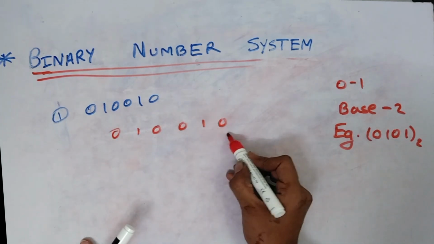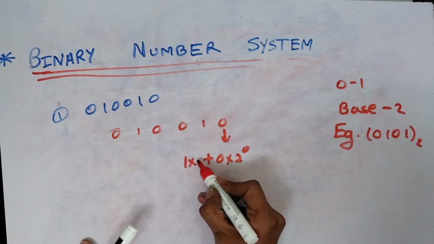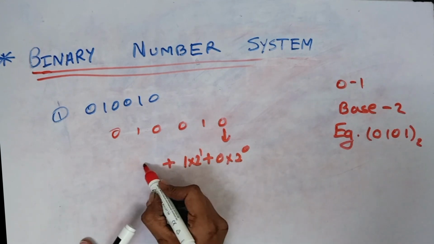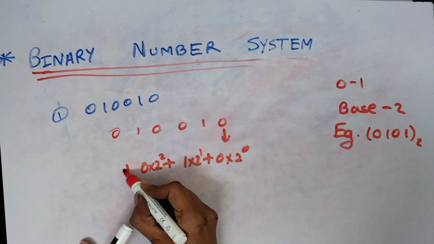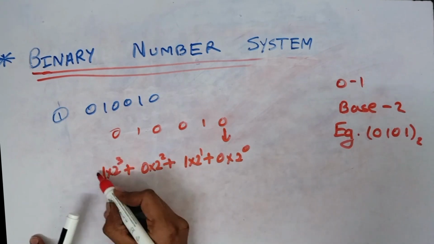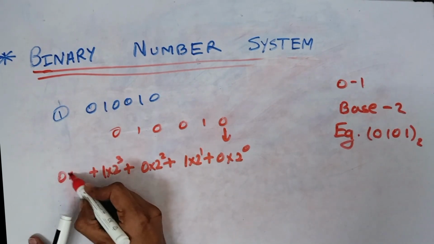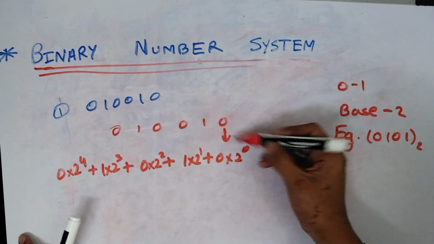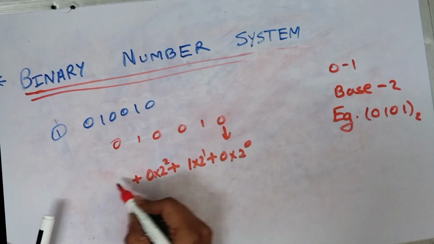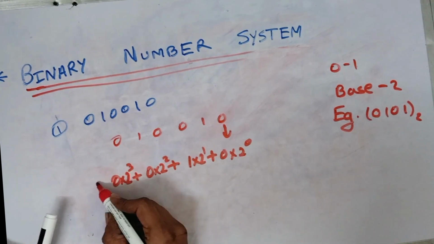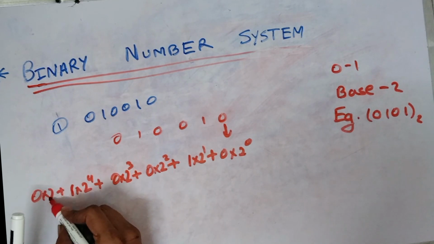Here let us write it separately as 0, 1, 0, 0, 1, 0. Now we can write this as 0 into 2 raised to power 0, plus 1 into 2 raised to power 1, plus 0 into 2 raised to power 2, plus 0 into 2 raised to power 3, plus 1 into 2 raised to power 4, plus 0 into 2 raised to power 5.